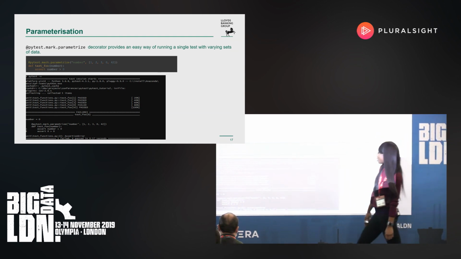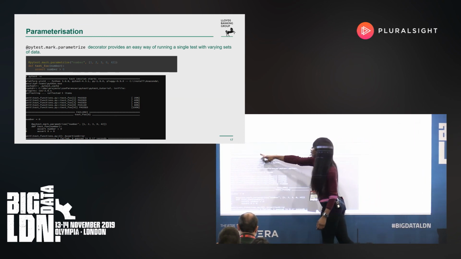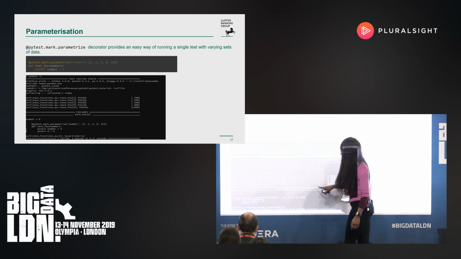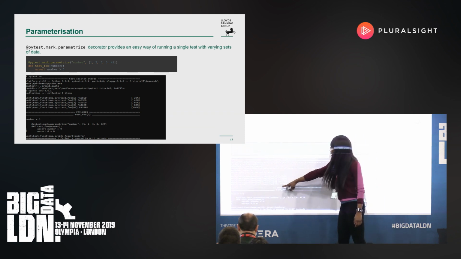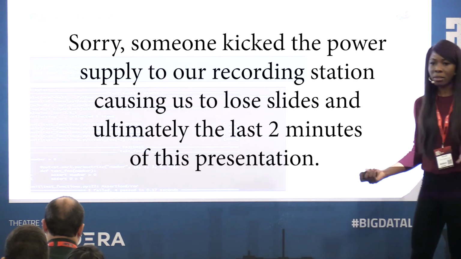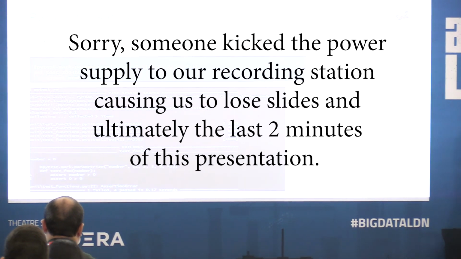Well, not all of them, because one of them has failed, and that's the argument 0, because I'm asserting that my input value is greater than 0. So when it hits 0, that fails, but it carries on to the end, and it does report that I've run this test on 5 values and one of them has failed, so it's up to you to fix it. So that's parameterization.